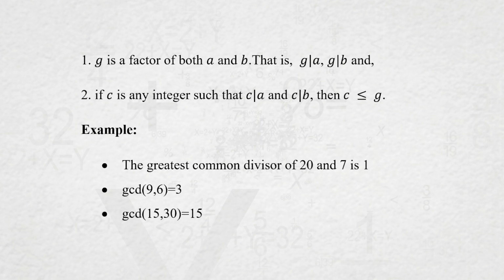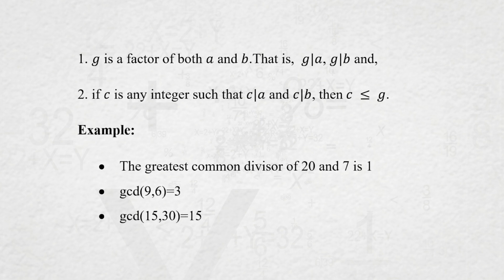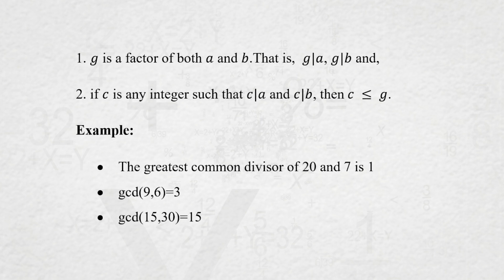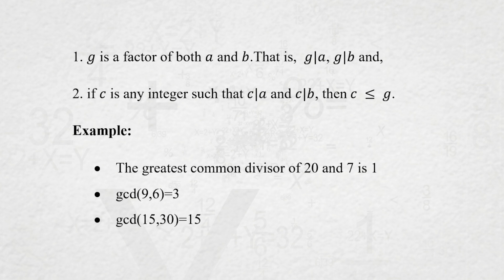And the GCD of 15 and 30 is 15. 5 also divides 15 and 30, but here 15 divides 15 and 15 divides 30, and you can see here 15 is bigger than all the other common divisors of 15 and 30. Therefore, the GCD of 15 and 30 is equal to 15.